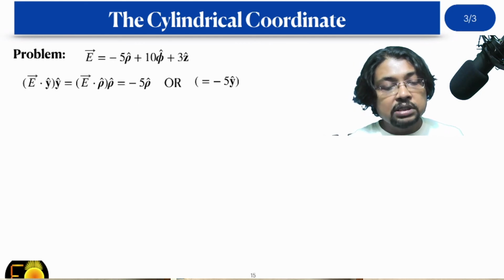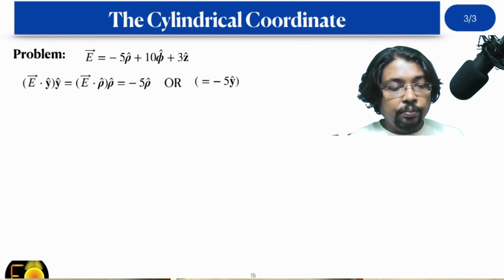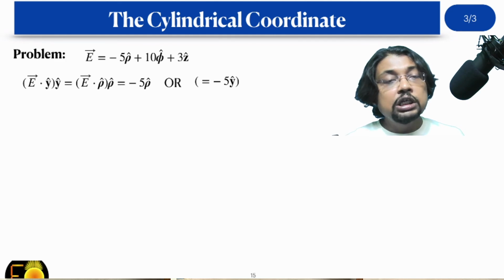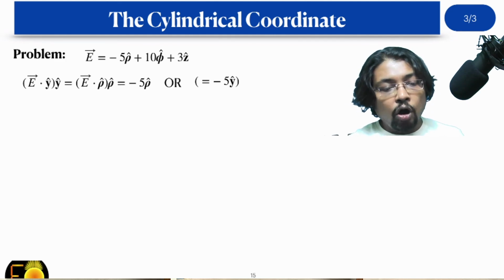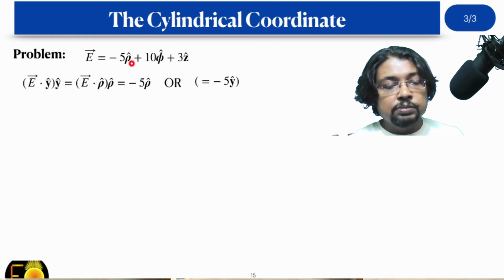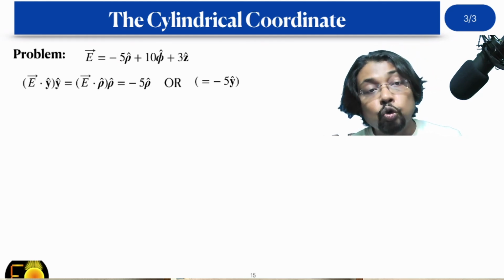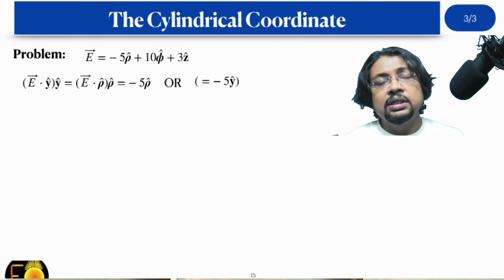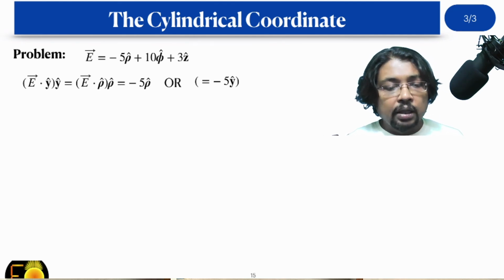So I can replace it, meaning E dot y cap will be equal to E dot rho cap, or we can get minus 5, because this minus 5 is associated with the rho cap direction. Or equivalently, I can write y cap, because y cap is itself the rho cap.